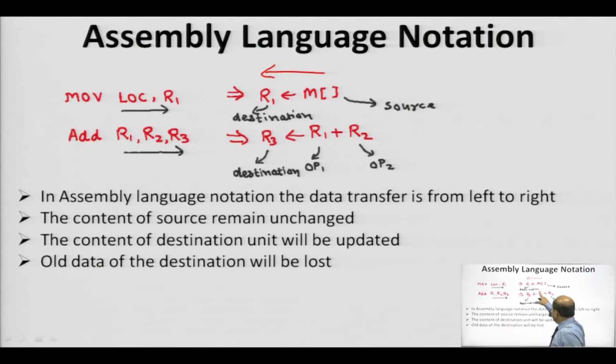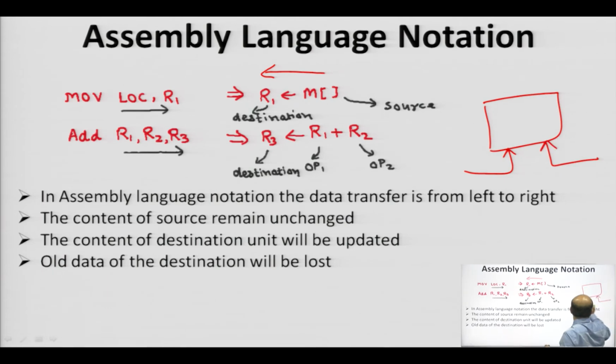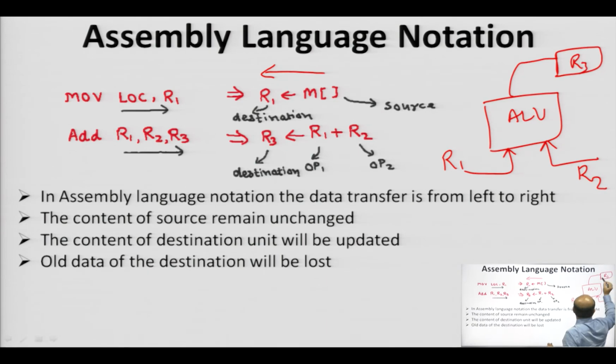Operand 1 is stored in R1, and operand 2 is stored in R2. So, in the ALU we need to connect these two registers R1 and R2. This is your ALU, and finally, the result will be stored in R3. In actuality, this operation will be performed in this way.